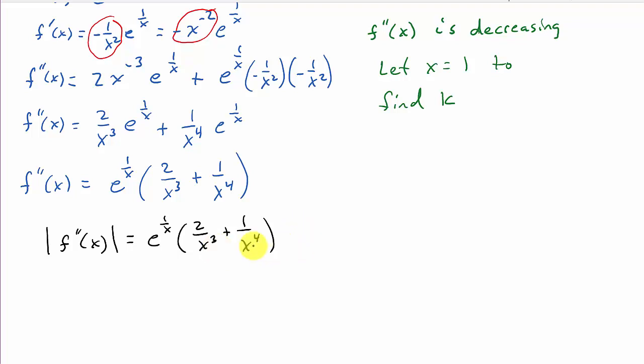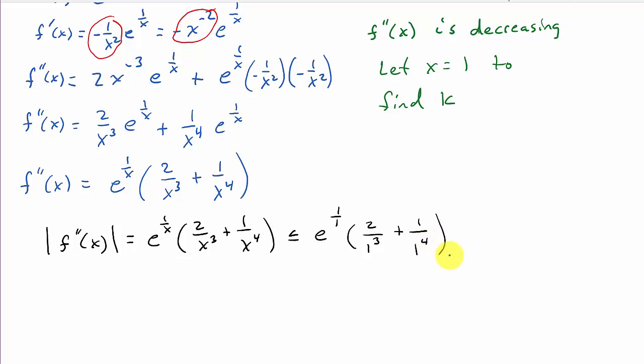All right, so I know that this on the interval from 1 to 2 is going to always be less than or equal to e to the 1 over 1 times 2 over 1 cubed plus 1 over 1 to the 4th.